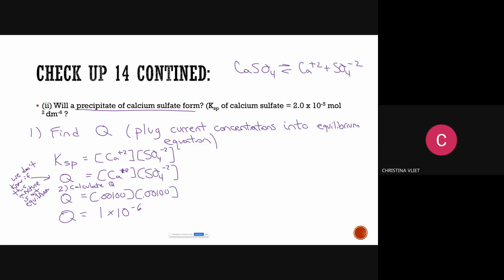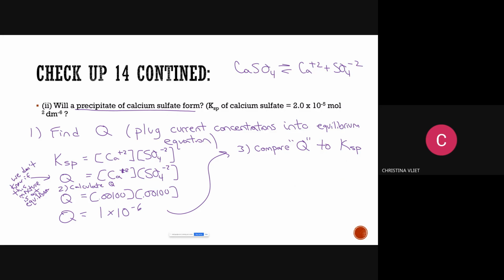So what you're supposed to do from here is compare Q to Ksp, to tell us if we are at equilibrium or not. Your Q number is 1 times 10 to the negative 6. That's what these concentrations that we put in solution gave us.